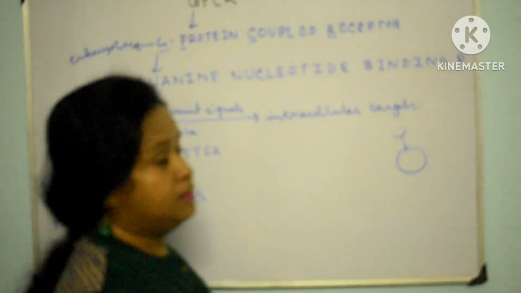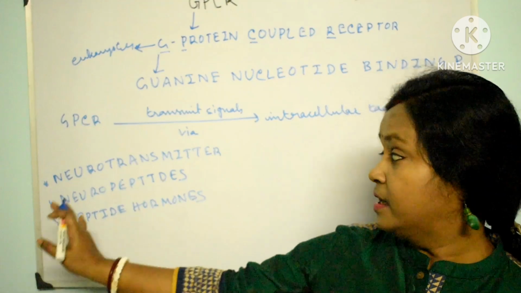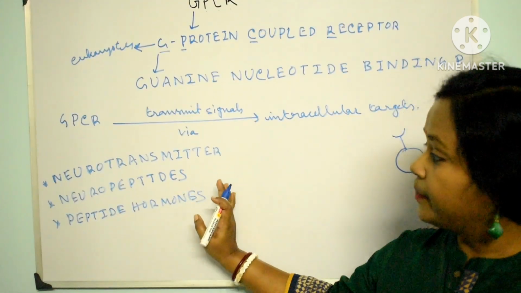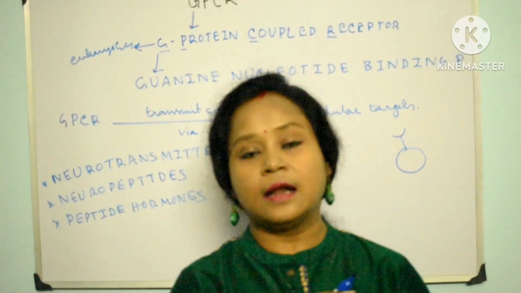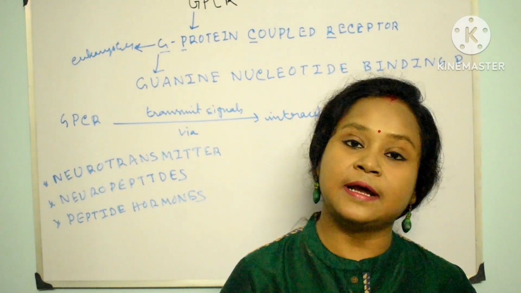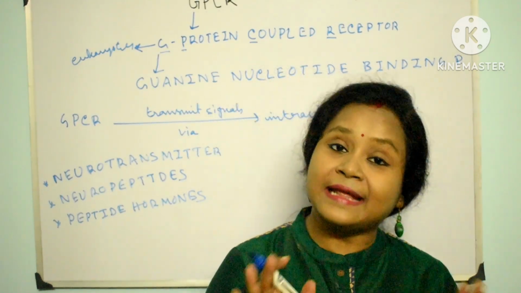These three are the main ligands for GPCR. And the GPCR family includes a large number of receptors that are responsible for light, smell, and taste.